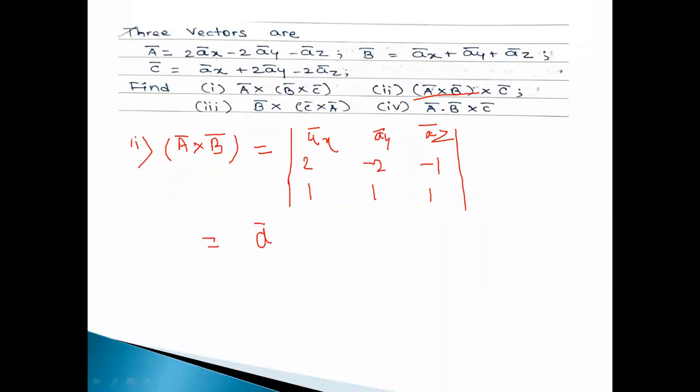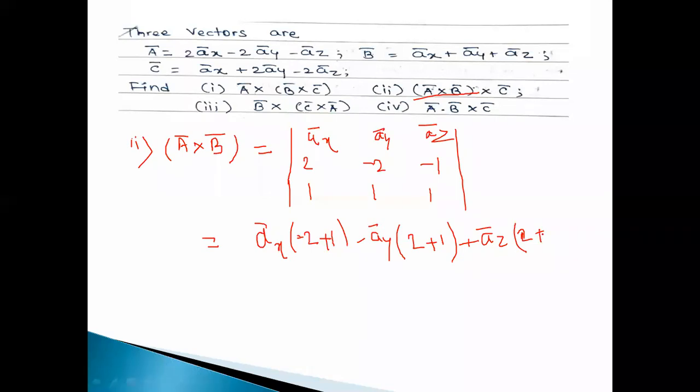It is a bar x into bracket minus 2 minus plus 1, plus a bar, minus a bar y into bracket plus 2 and plus 1, minus again plus 1, and third, a bar z into bracket 2 minus 2, that is plus 2.